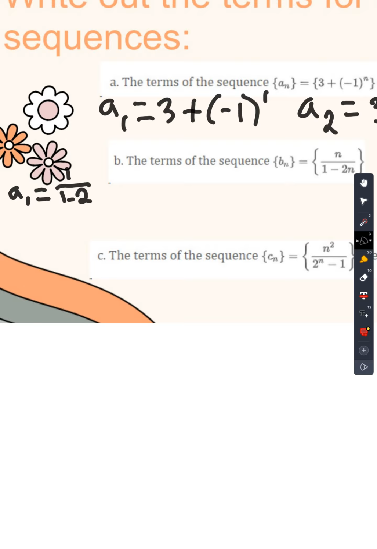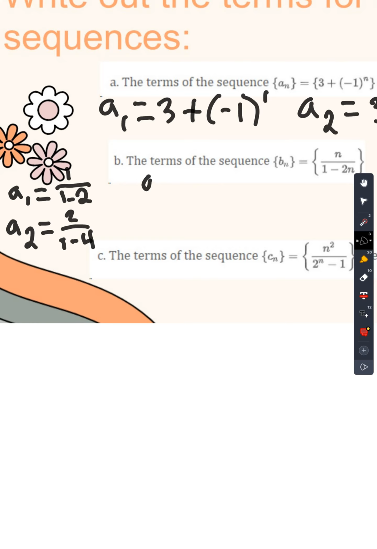So we would just get a negative 1. When we plug in our 2, we would get 2 divided by 1 minus 4, which is going to give us a negative 3.